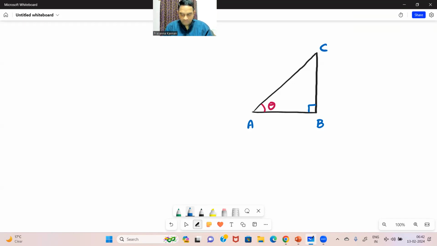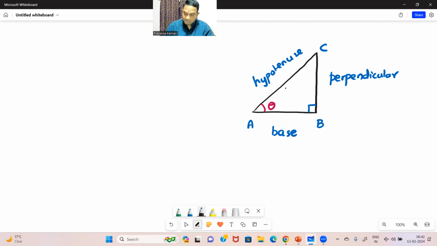Perpendicular, or opposite side. What about AB? Base, or adjacent. And what about AC? Hypotenuse.